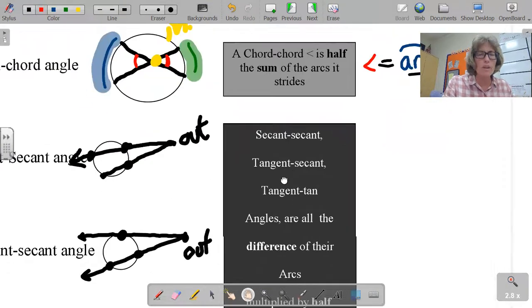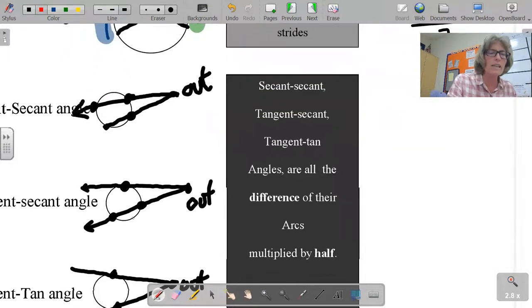Now, all 3 of these, you're going to notice the vertex is out. Same position, same equation. So when you have the same position of the vertex, it has the same equation.